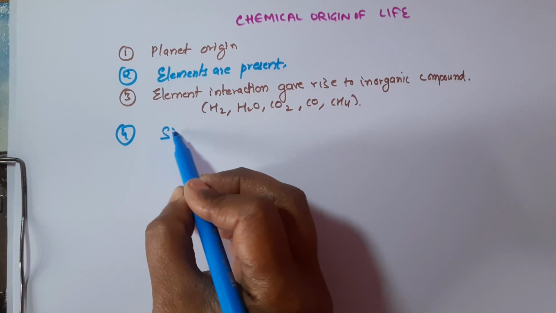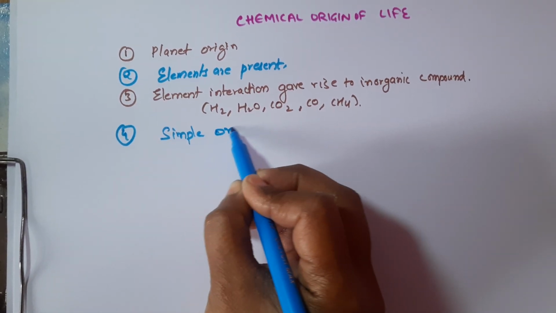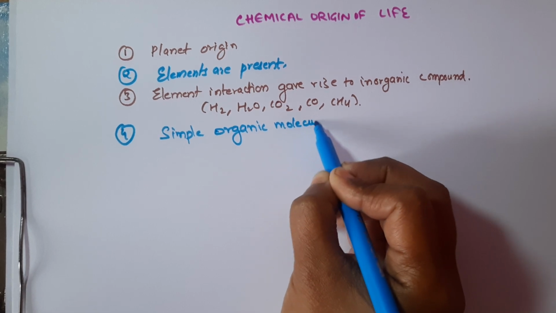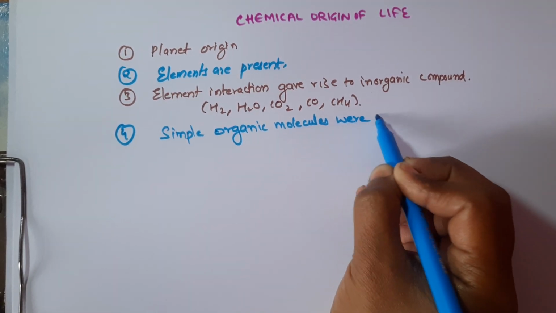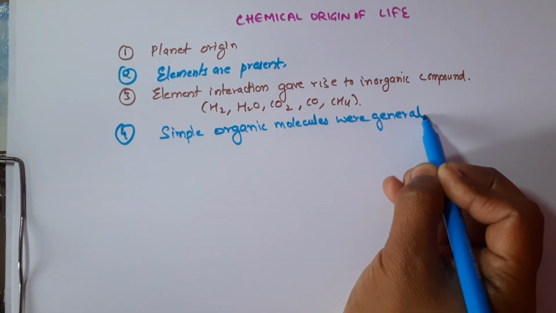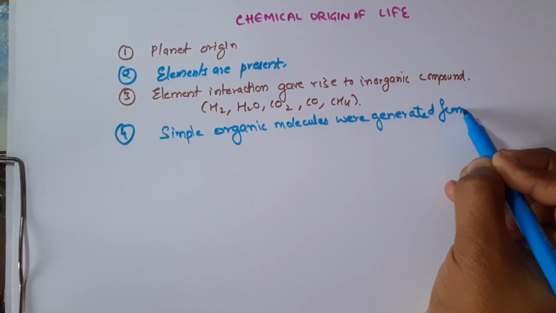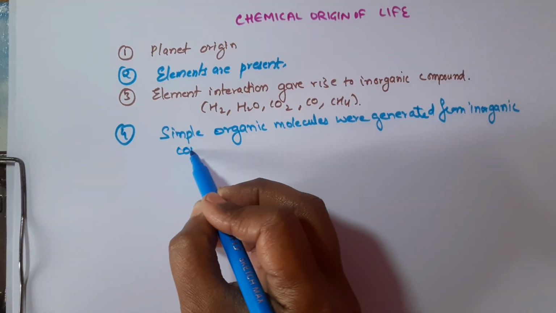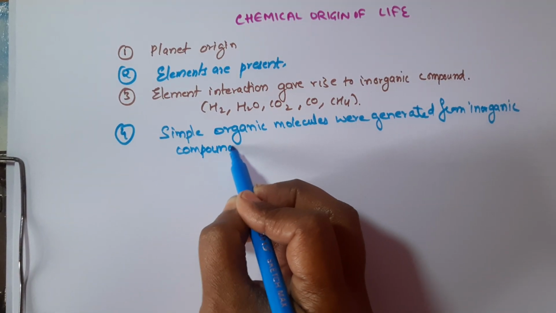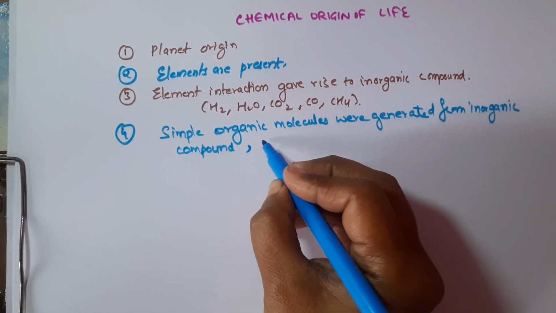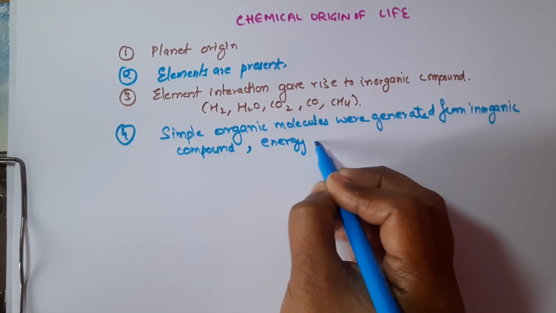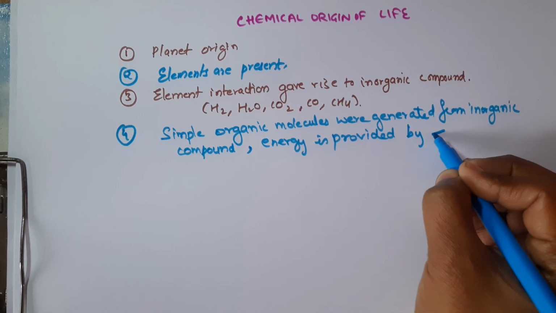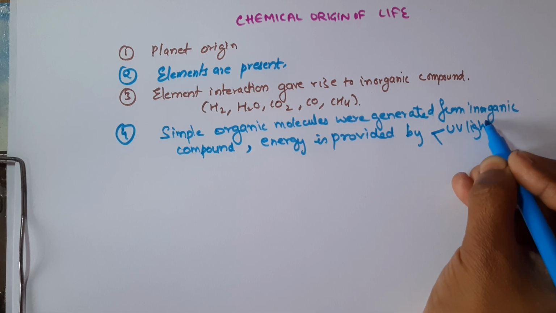So the next step is that simple organic molecules were generated. They were generated from where? They were generated from inorganic compounds, and the energy is provided for their formation by UV light or lightning.